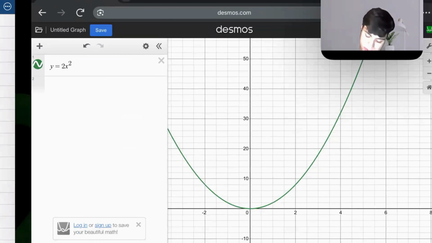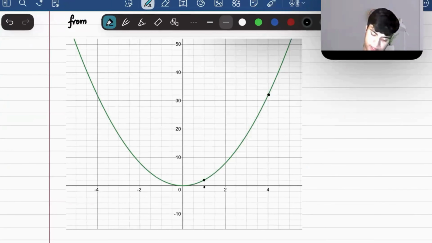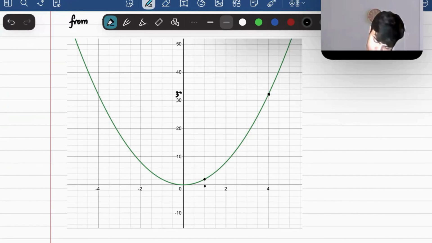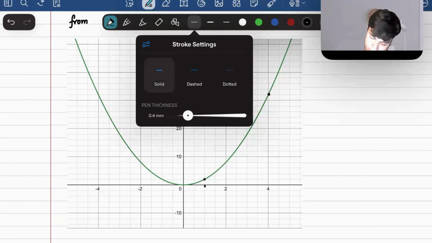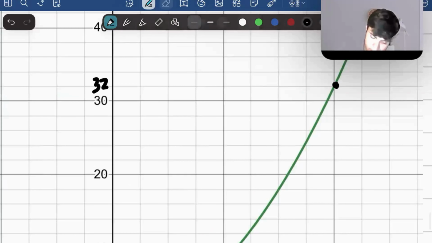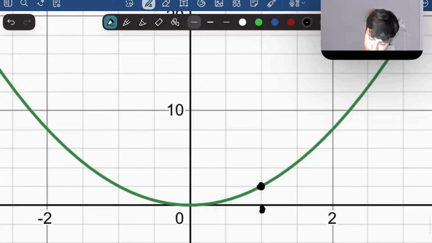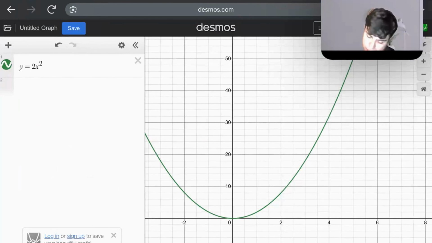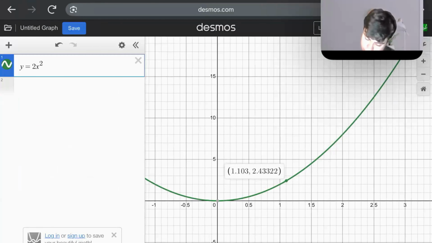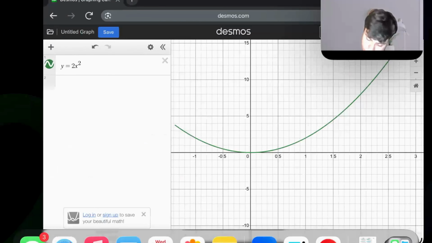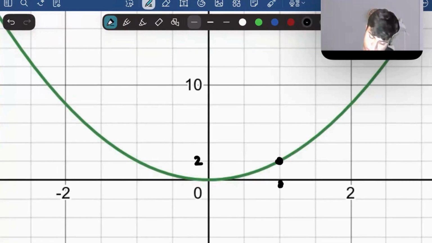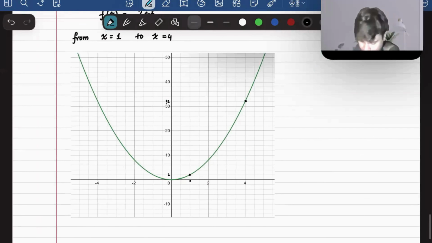I'll use a smaller thickness marker. 32 right here, and here the value was 2.